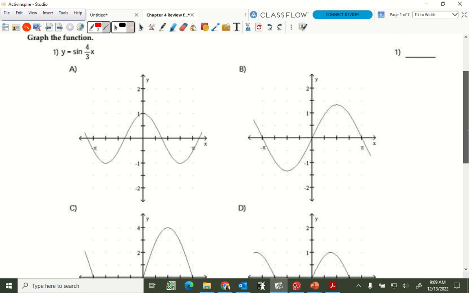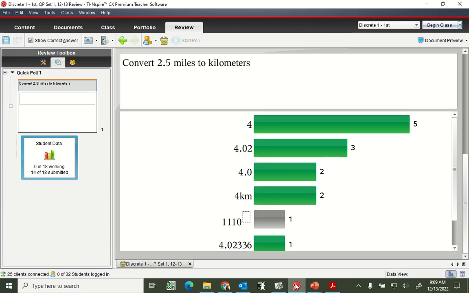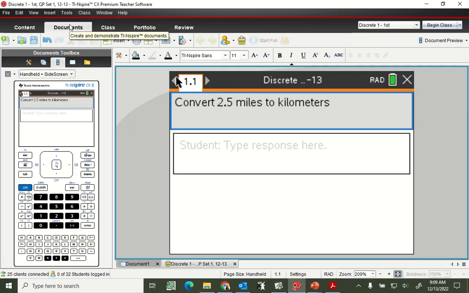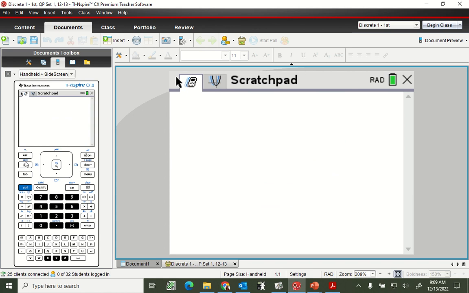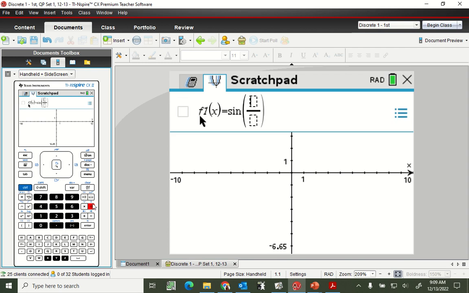So sine 3/4 x. On the scratch pad here, make sure it's in radians. I want sine 3/4x, right?